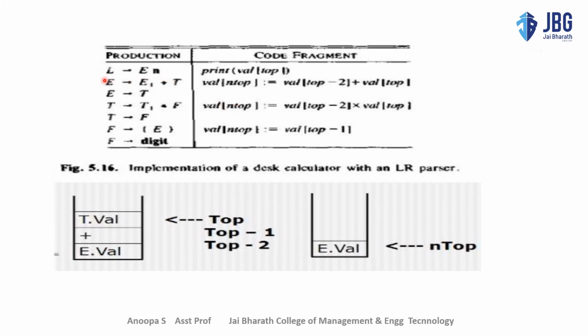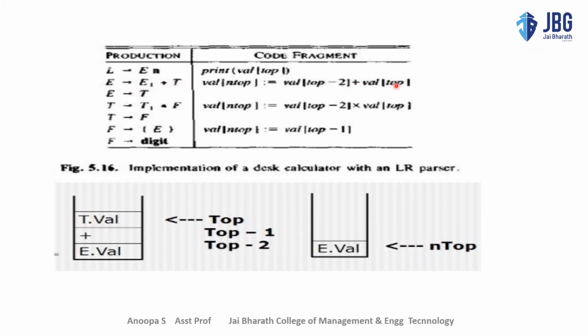Now L giving E n: in that we have to print the value of top, that is, whatever value is on the top we have to print when we come across this production. So when we come across this production, the action that we have to take is print the value on stack top. Then E giving E1 plus T. Okay. Whenever we come across this production, what you have to do is pop three values from the stack top.